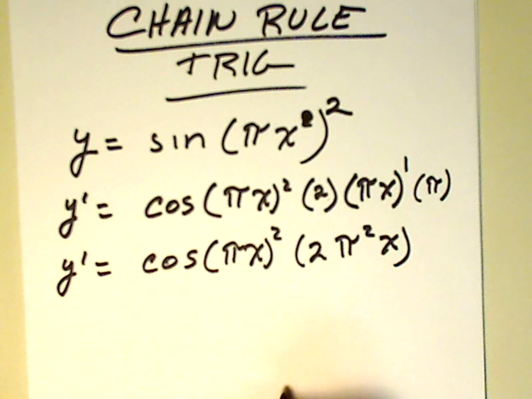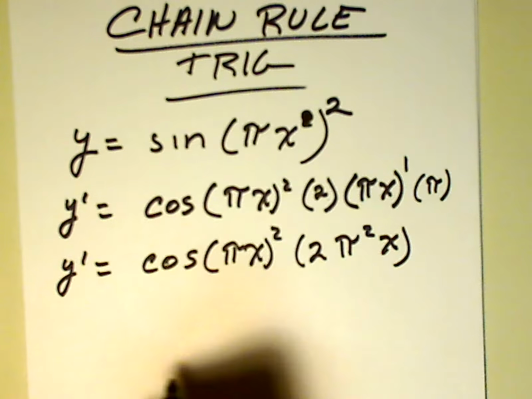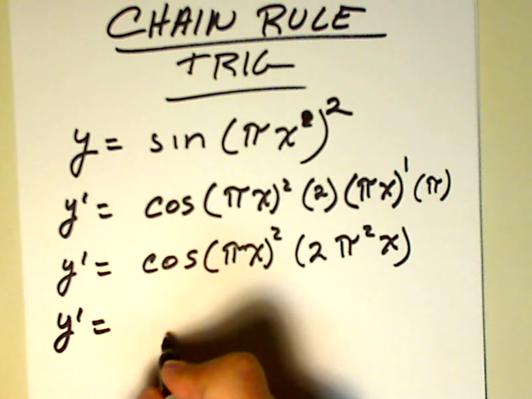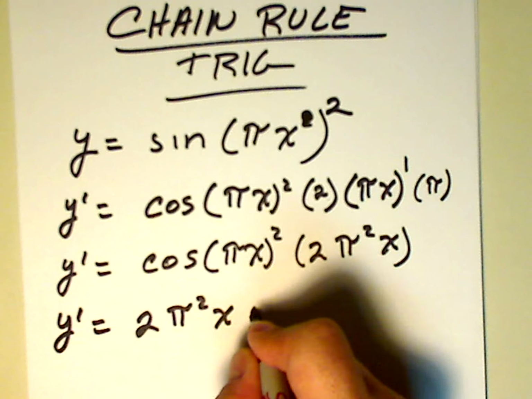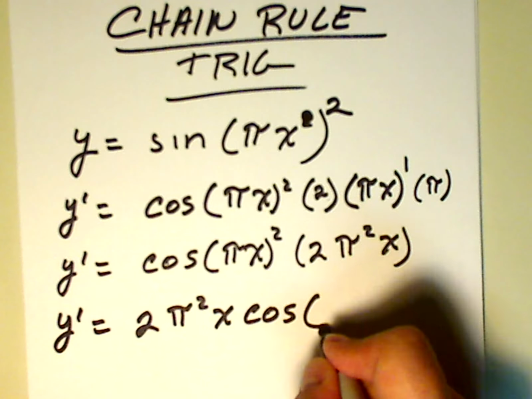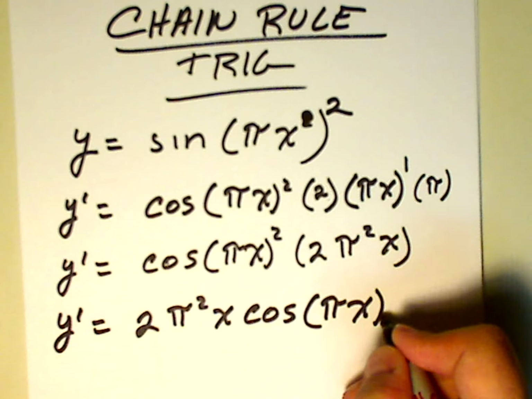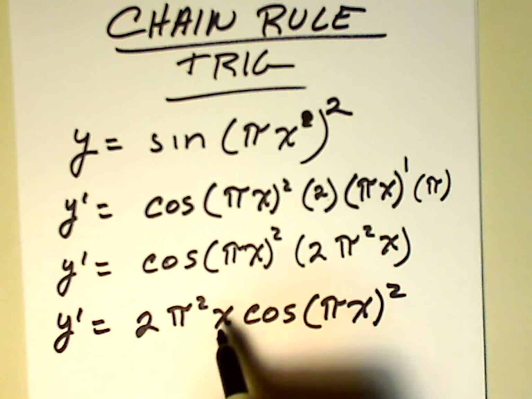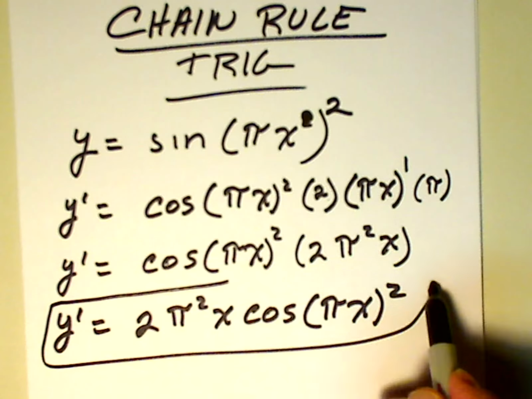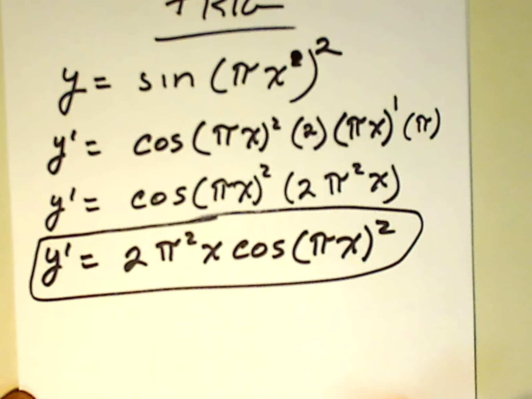And I prefer to bring it down front. So we have 2 pi squared x times the cosine of pi x squared. This is a perfectly acceptable format for the derivative solution.